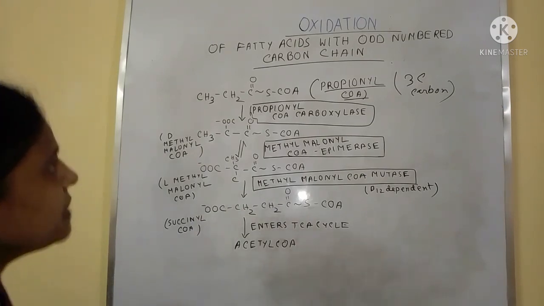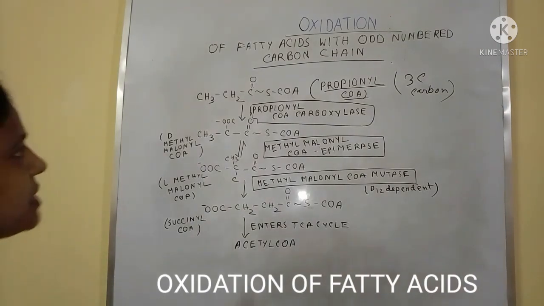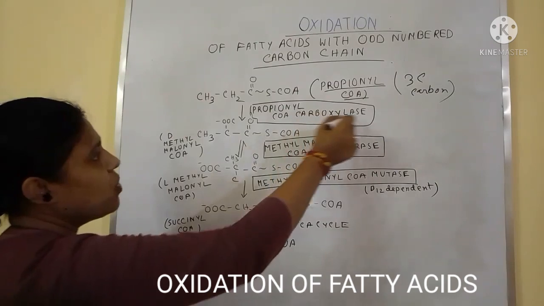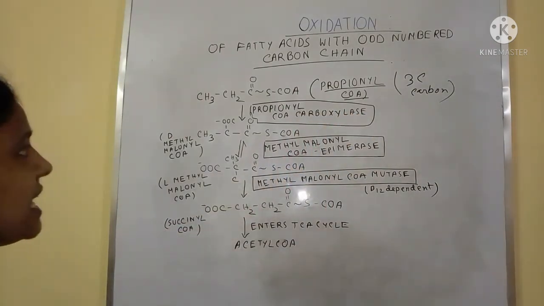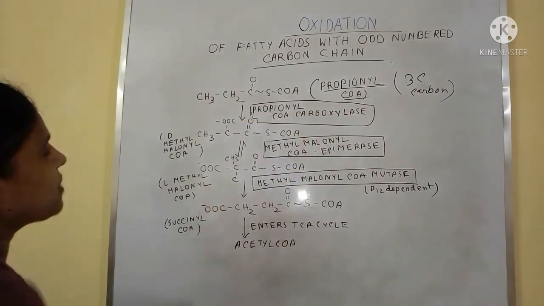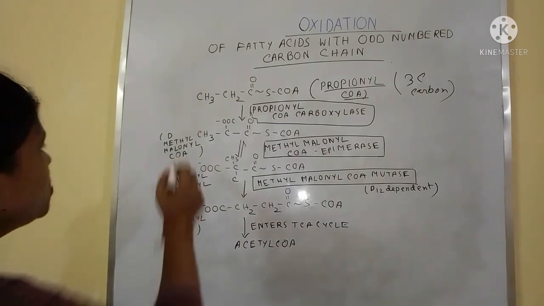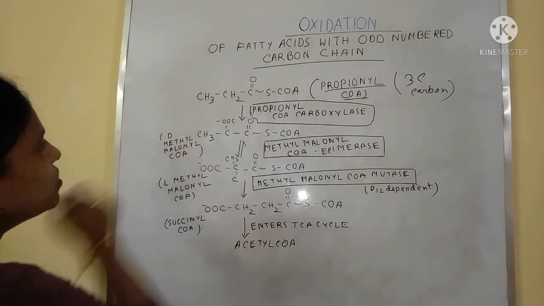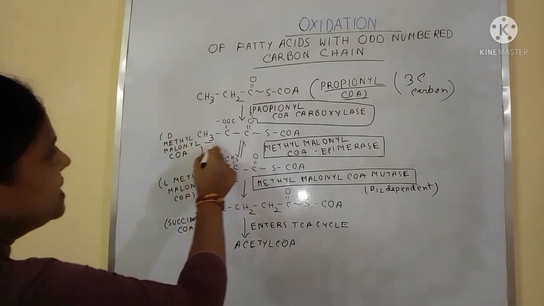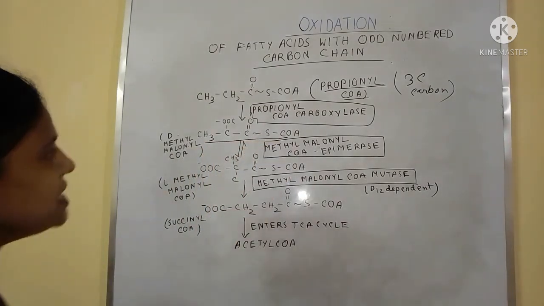First of all, propionyl CoA, in the presence of propionyl CoA carboxylase, converts into D-methylmalonyl CoA.